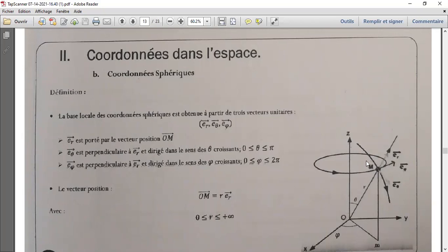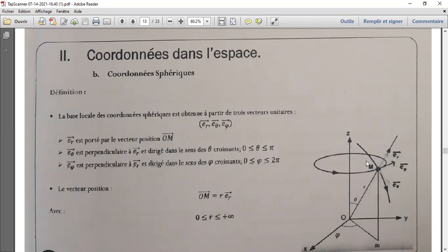So you have got three bases. When I talk about the base locale, you should know that I'm talking about the vectors which show the direction where this point is going to be moving. ER is moving outside, like from one sphere to another sphere.